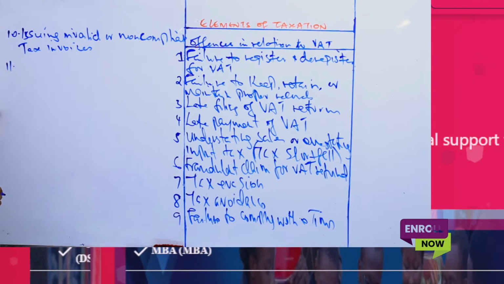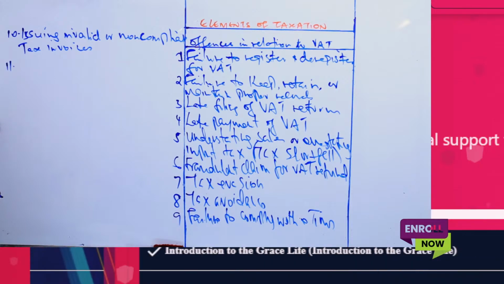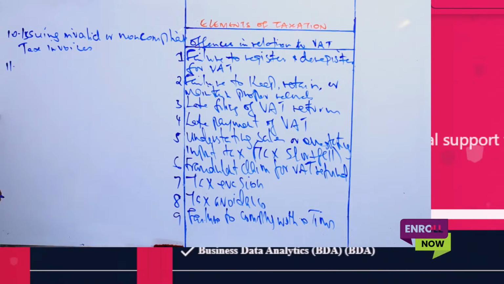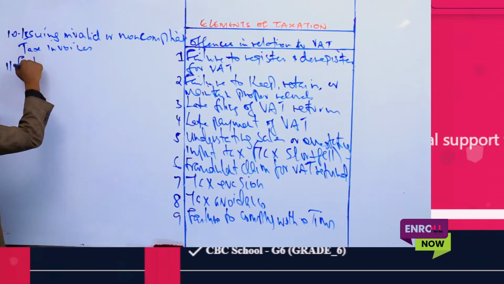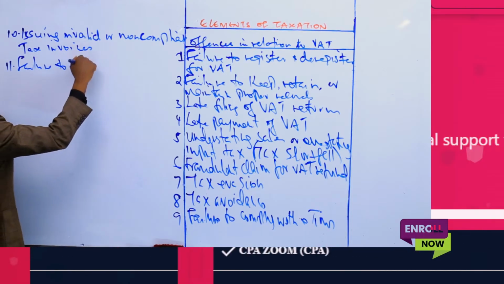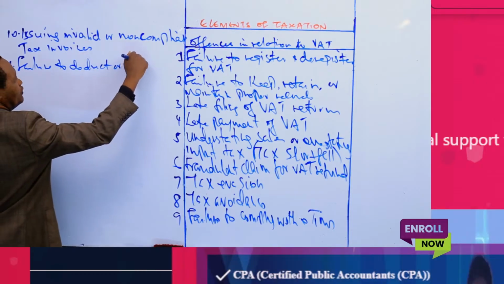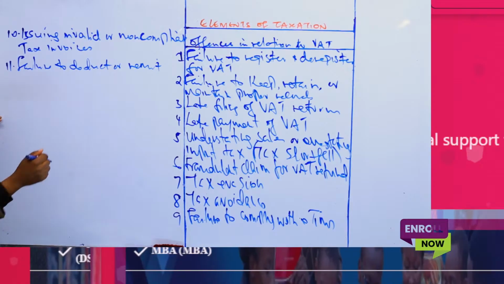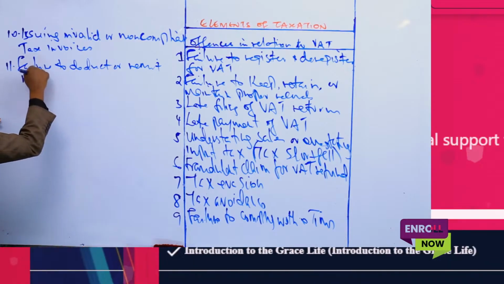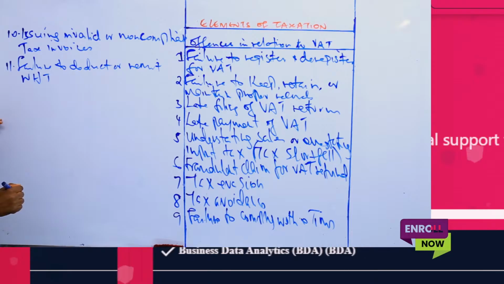Offense number 11 is failure to deduct or remit withholding VAT. Failure to deduct or failure to remit withholding tax. This is for appointed agents.